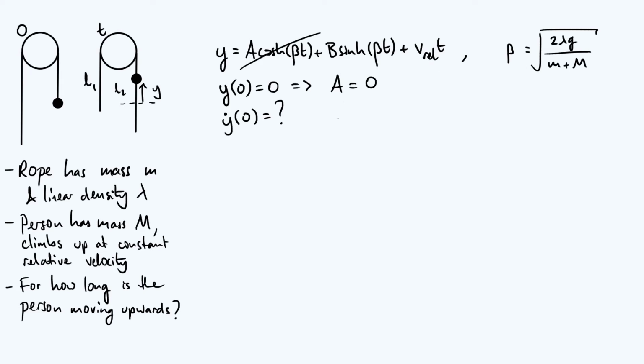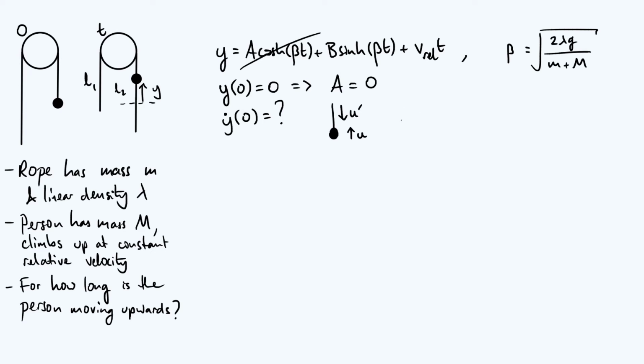So I'm going to draw a small diagram over here, which shows what's going on just as the person starts moving. So the person is going to be moving upwards. Let's say that their initial velocity in what we'd call the lab frame is just u. Now, as soon as they start moving upwards, the rope has to start moving downwards, again, from Newton's third law. So let's call the initial downwards velocity of the rope u dash.